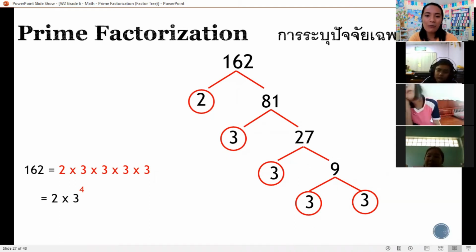Very good. So how many 3's can you see? 4. So we'll be writing the answer as 2 times 3 to the power of 4, right? Because we have four 3's.